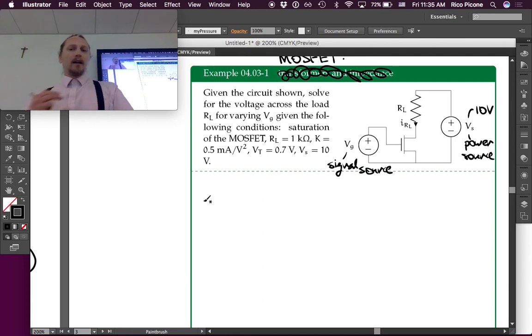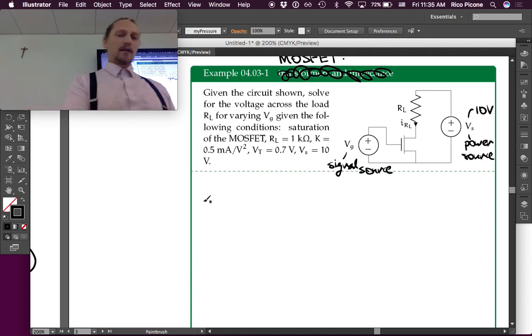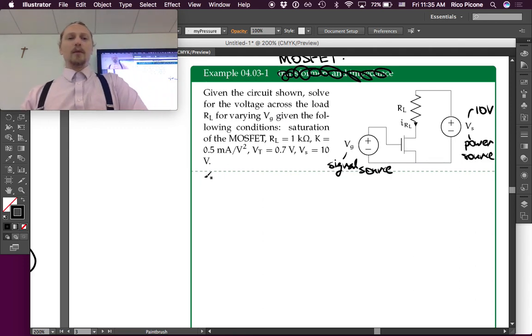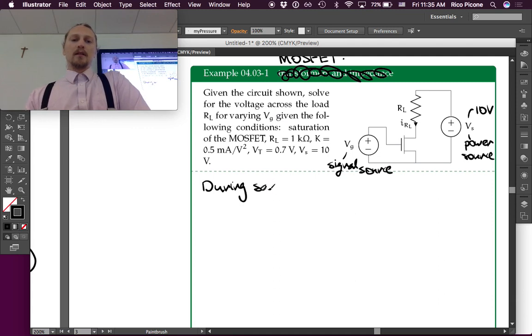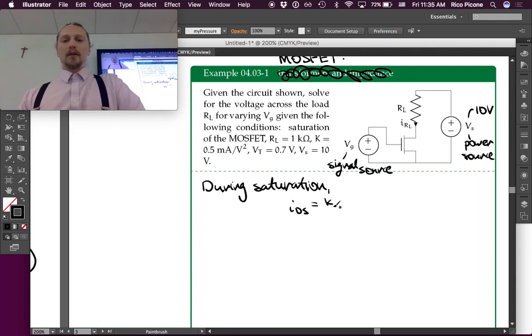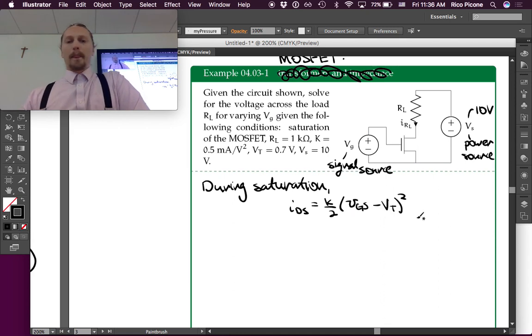We know that during saturation, the current from drain to source, IDS, has to be equal to K over 2 times (VGS minus VT) squared.